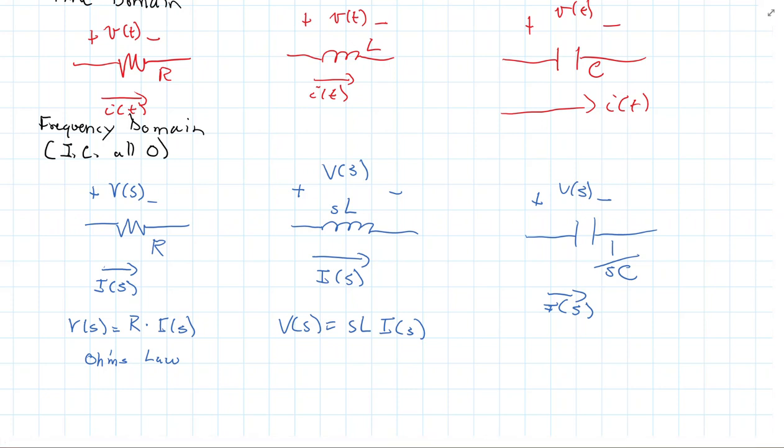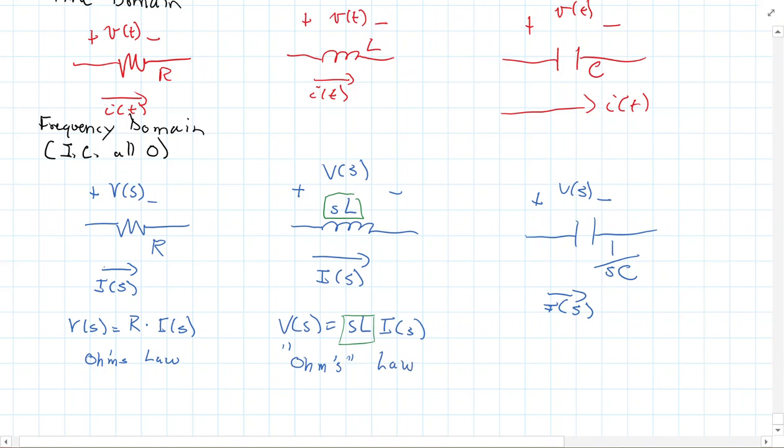We have this S times L, which is my inductance now in the frequency domain, and I have an S times L here. So this is also an Ohm's Law, I'll put it in quotes, relationship.